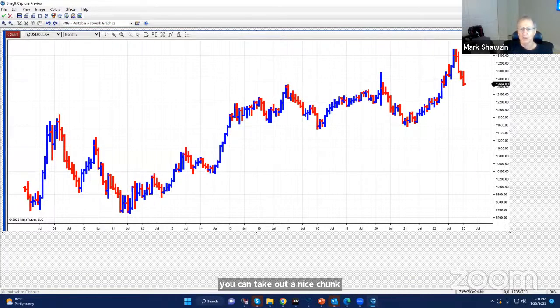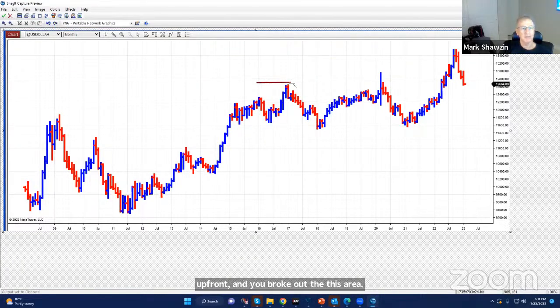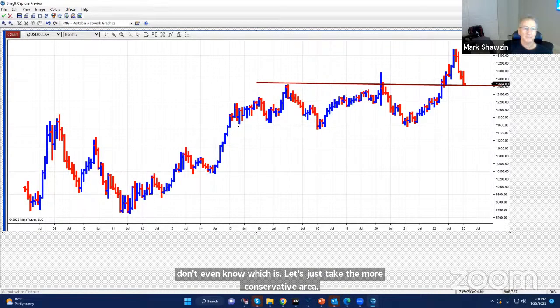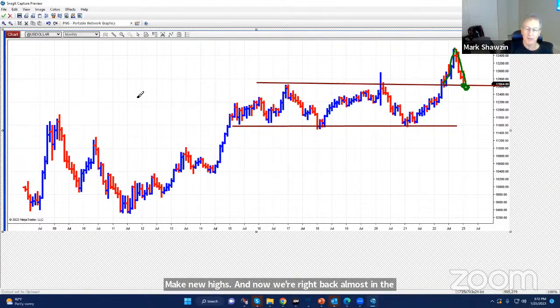So what we see in the dollar, we've had an 11-year uptrend, and you broke out above this area. I don't even know which is, let's just take the more conservative area. We broke out here. We were in this trading channel for many years. Then we broke out, made new highs, and now we're right back almost in the geography of this trading zone.